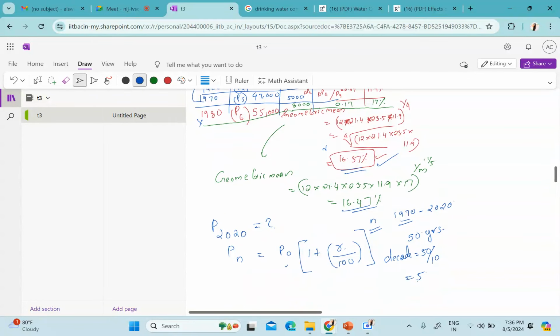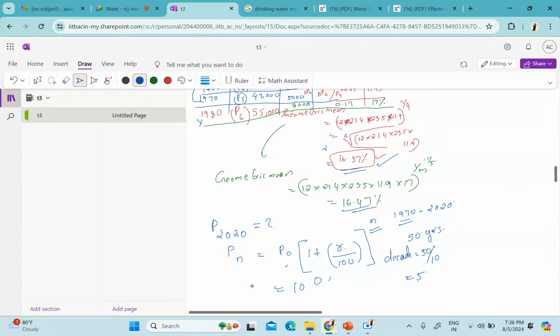Then you calculate n from 1970 to 2020, that is 50 years. You convert it into decades by dividing by 10, so it is 5. Then put the values in this equation and calculate the number of people. 1 lakh 300, that is right, correct answer.